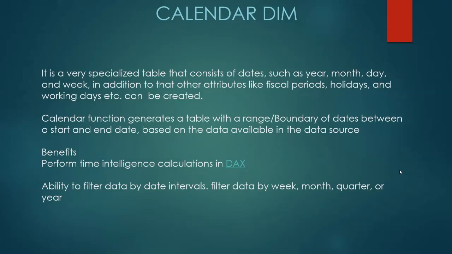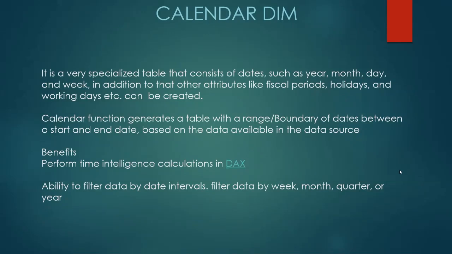Apart from that, you can also create some other attributes like holidays, working days, or any other date that is required by the clients. So, the calendar function generates a table and it will give you a range, or a boundary of dates between a minimum and a maximum date. Minimum in the sense the start date, maximum in the sense the end date.